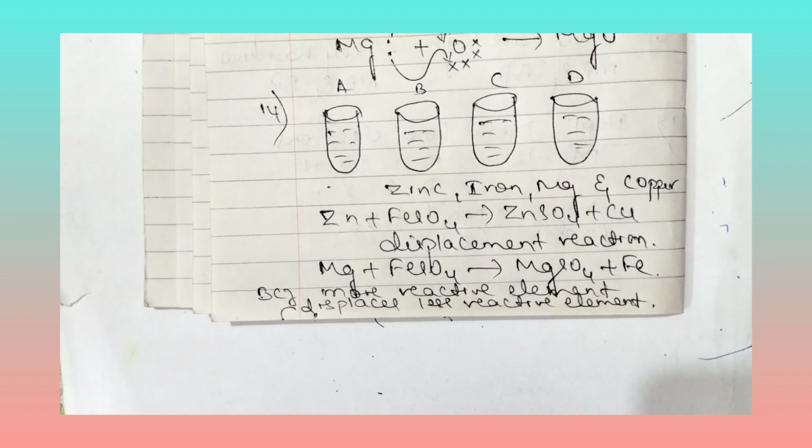But if I dip iron and copper, no reaction will take place, because copper is less reactive than iron. If I dip iron, iron cannot displace iron, so no reaction will take place. So like this we have to answer. By this we have successfully answered all the chemistry questions.